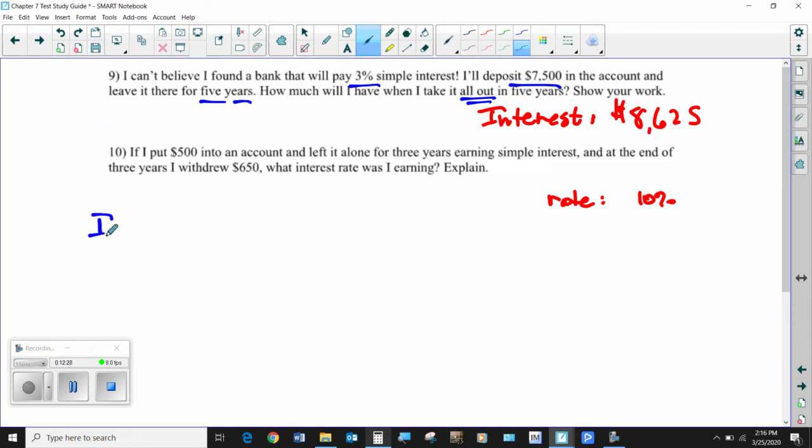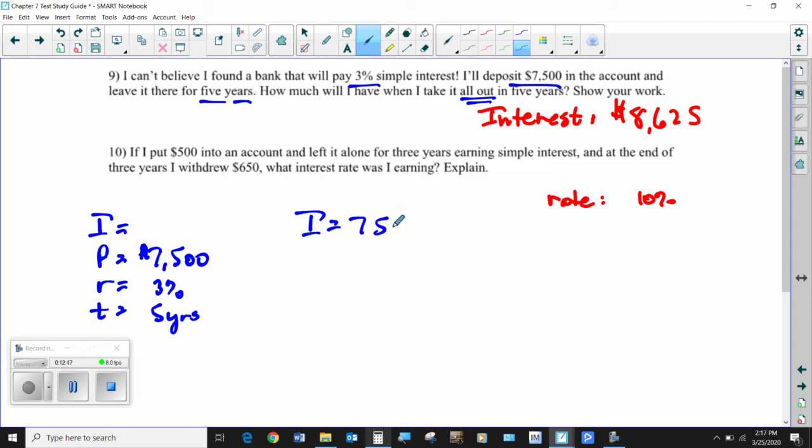So, I = PRT. It says here that we're going to deposit $7,500. That's your principal at an interest rate of 3%. That's your rate, and for 5 years. So if I equals PRT, it's going to be 7,500 times 0.03 times 5.